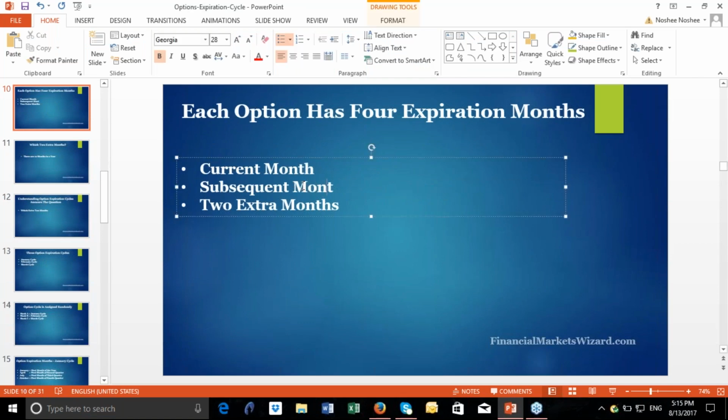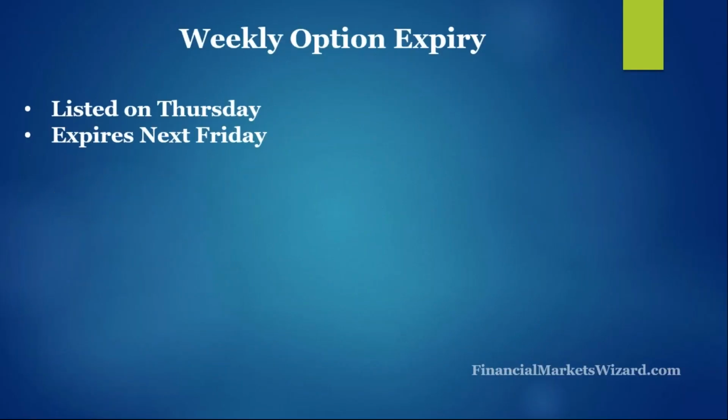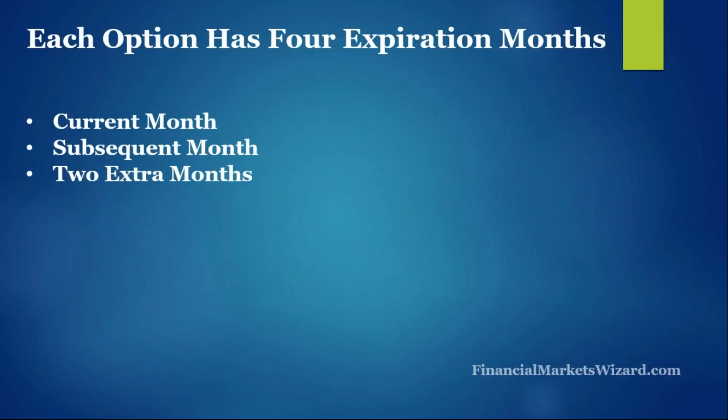The problem is the T is missing, the H is missing. So I fix that. Okay. Each option has 4 expiration months: the current month, the subsequent month, and 2 extra months.